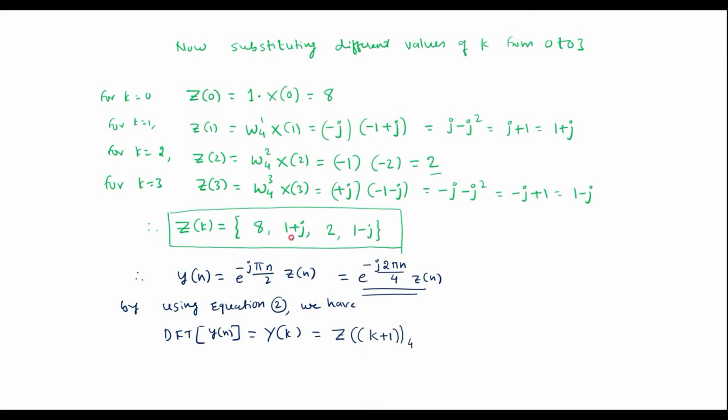This sample will move here, this sample will move here, and so on. Therefore, z of k plus 1 modulo 4 is equal to 1 plus j, 2, 1 minus j, and 8.